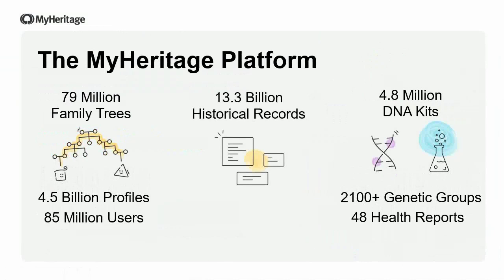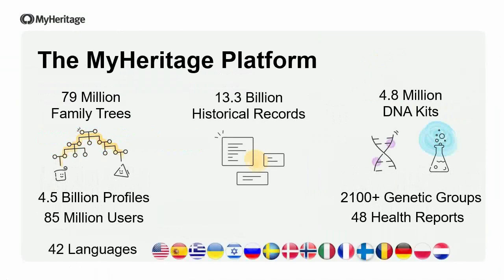All those are getting matches between themselves and with others as well. People who have a DNA test in MyHeritage also get a classification of their ethnicity, allocated in probably multiple of the genetic groups that MyHeritage has, and whoever wants can upload, to upgrade their DNA to receive health reports. Now, all this is available in 42 languages.